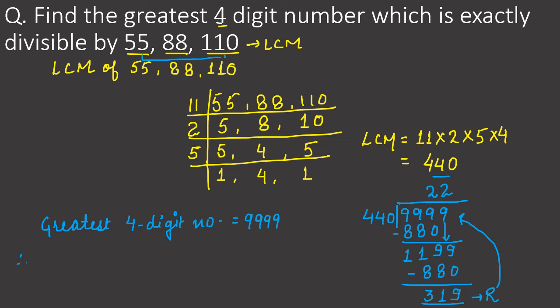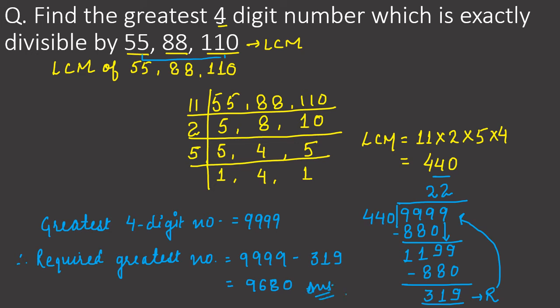Therefore, the required greatest number will be equals to 9999 minus 319, which is equals to 9680. So this 9680 is the greatest 4-digit number which is exactly divisible by 55, 88 and 110.